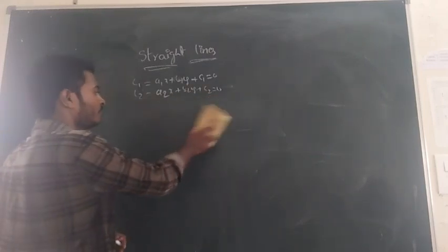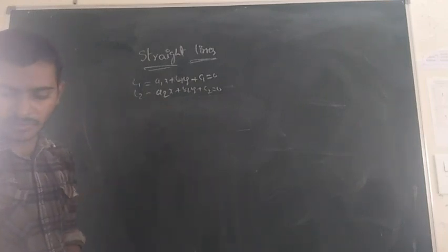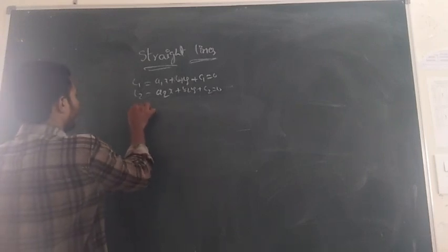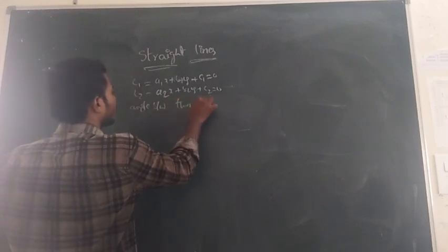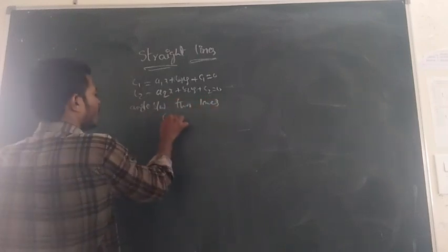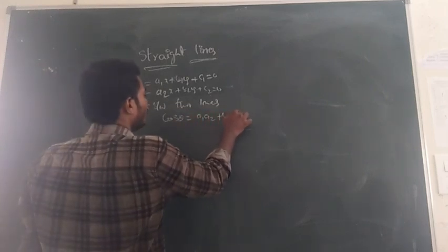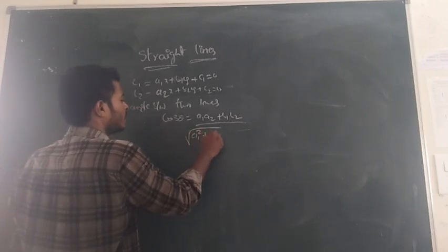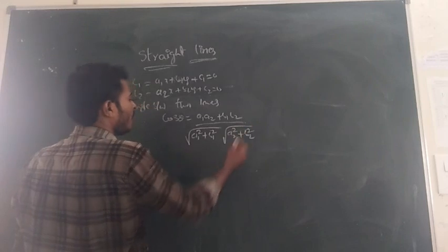Next, we just saw that the angle between two lines is cos theta equal to A1 A2 plus B1 B2 by square root of A1 square plus B1 square and A2 square plus B2 square.